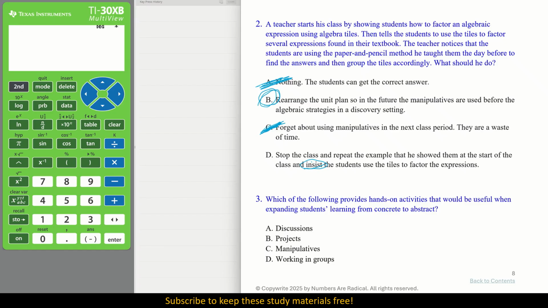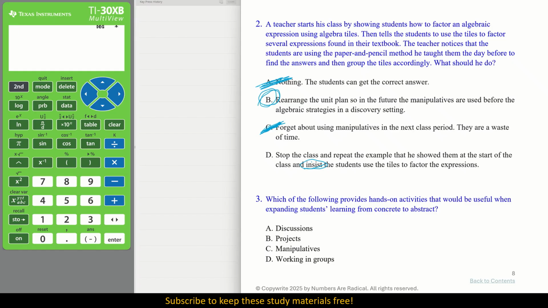Obviously, the students aren't misunderstanding the assignment, and they probably are gaining something from going back and forth from the tiles to the paper. They're working it out, then they put it in the tiles. I bet you 10 to 1 it isn't what he intended, but some students might notice a mistake in their actual pen and paper work when they go to the tiles. So it may seem like the best way is to insist on it.